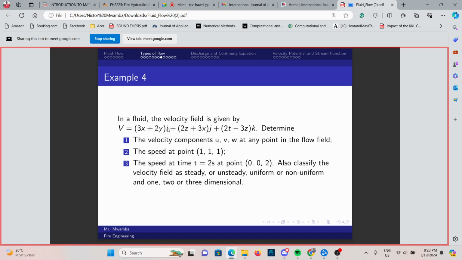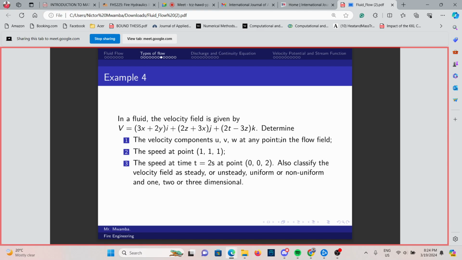So i generally represents the x-axis, j represents the y-axis, and k generally represents the z-axis.